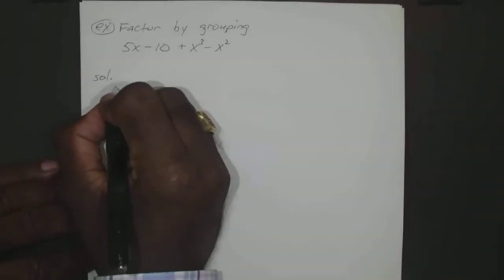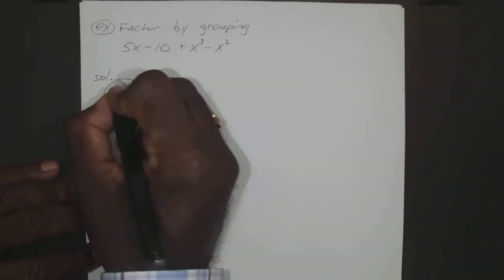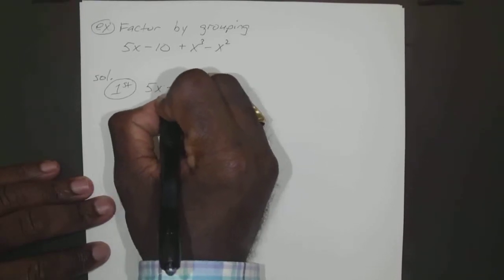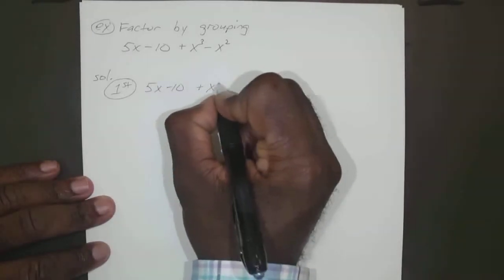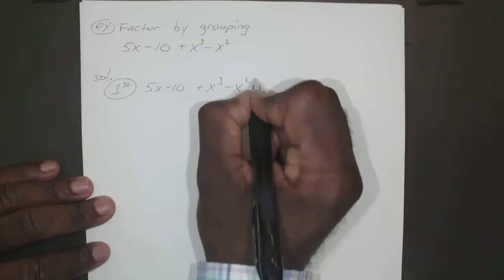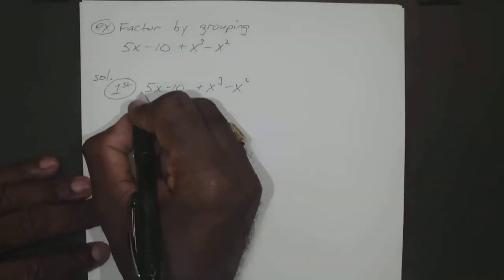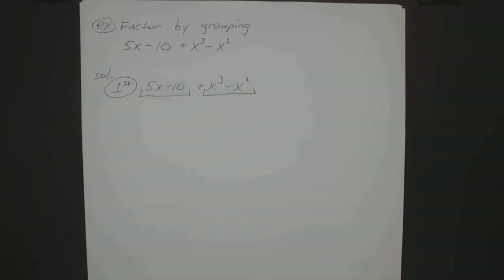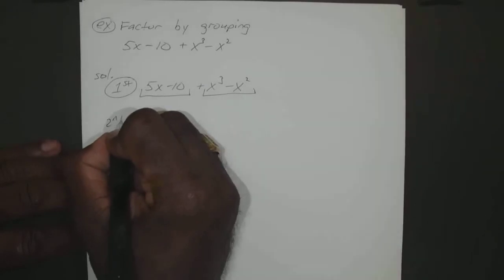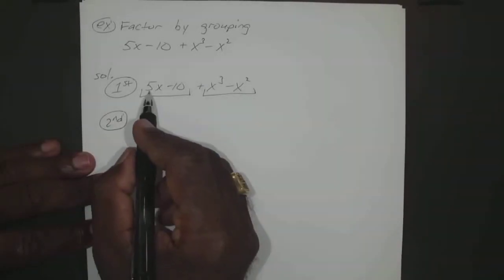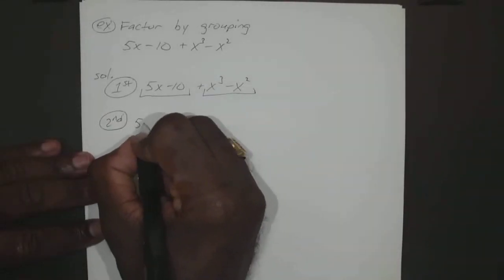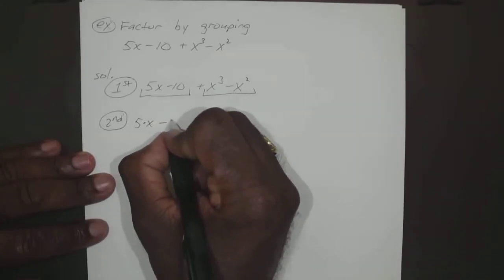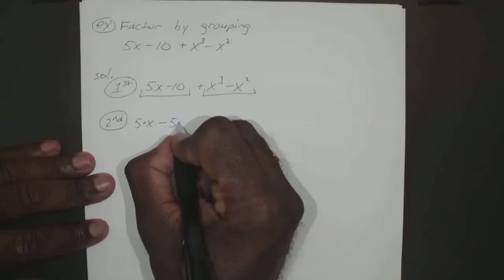Okay, so remember your first step. 5x minus 10 plus x to the third minus x squared. Just going to break that down into two smaller groups. So this one, you can make that 5 times x minus 5 times 2.